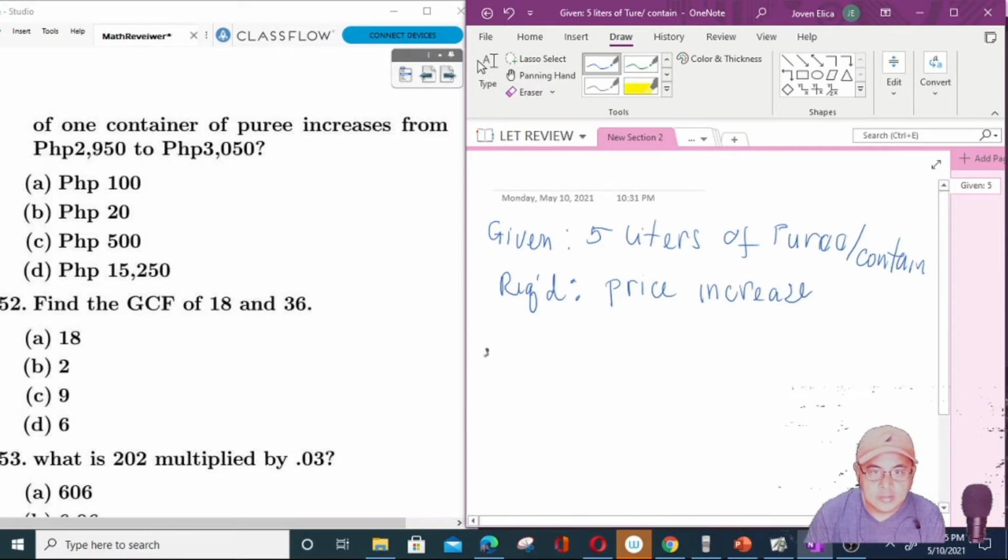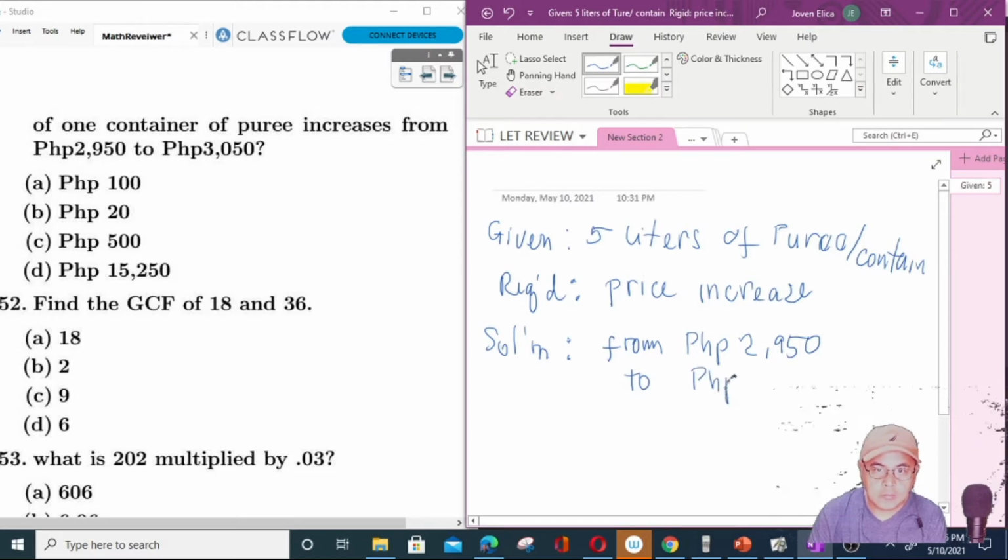Given that we have two given values, solution: what will be the price increase? So obviously you can see that for the increase, just get the difference, because the keyword here is "from" 2,950 to 3,050.